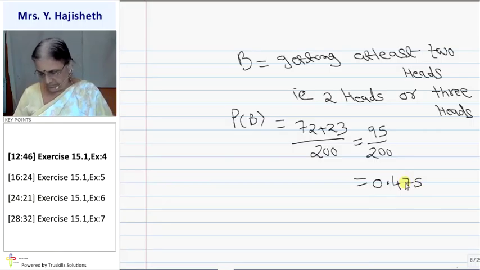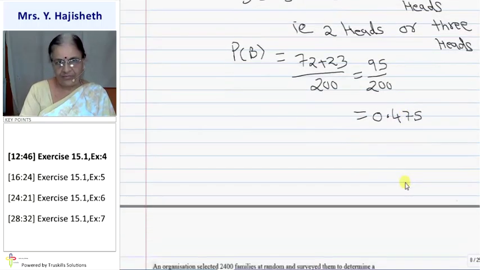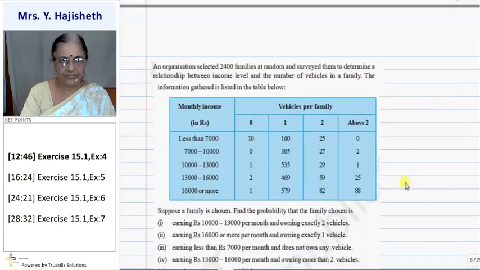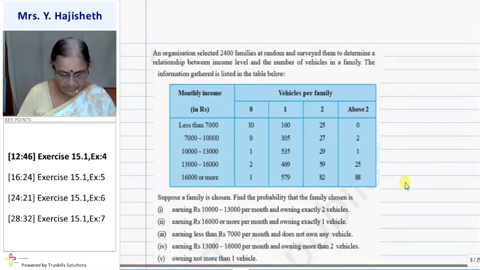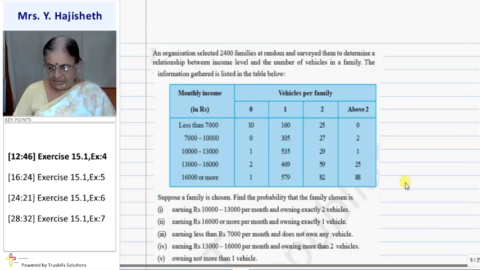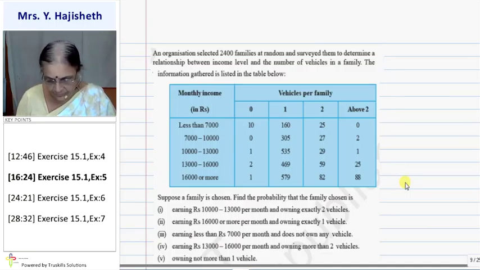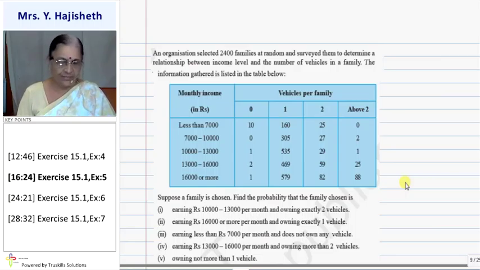Now sum number 5. Sum number 5 is, an organization selected 2400 families at random and surveyed them to determine a relationship between income level and the number of vehicles in the family.